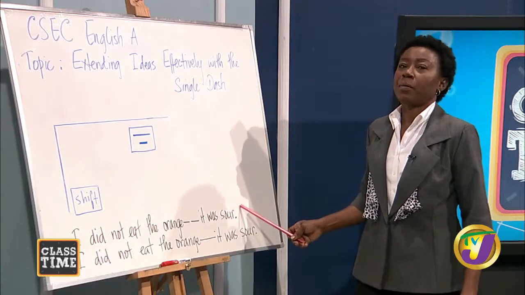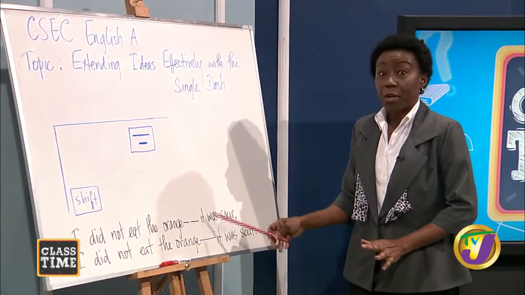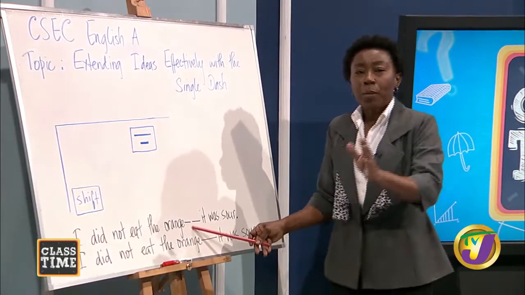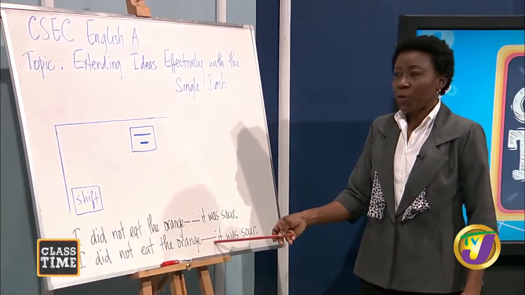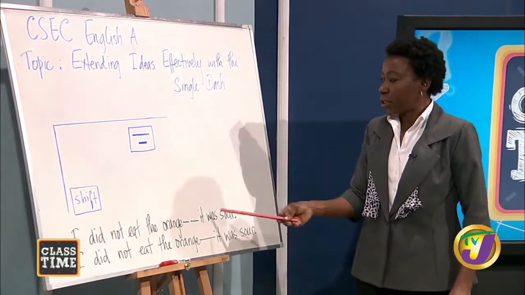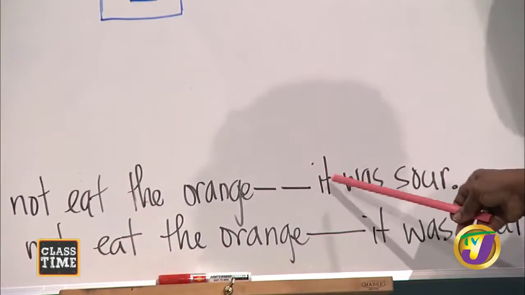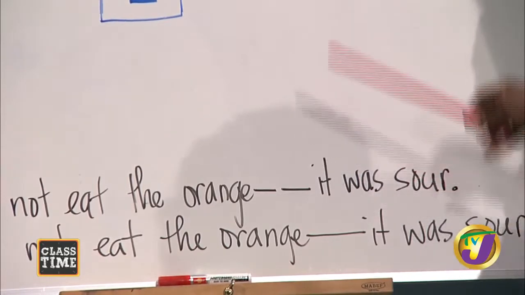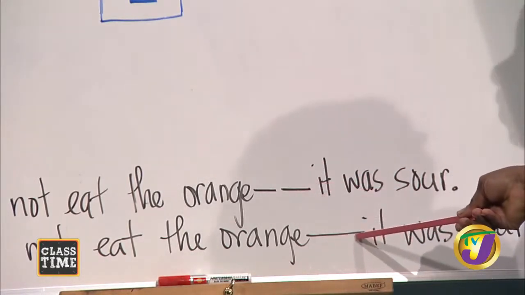It was sour. No space bar until you finish the word it. Automatically, the word processor will give you this. This is what you really want. But many of you just tap this once and you continue. So you get one, and then it was sour, which is a hyphen and not a dash. So 2 hyphens is equal to a dash.